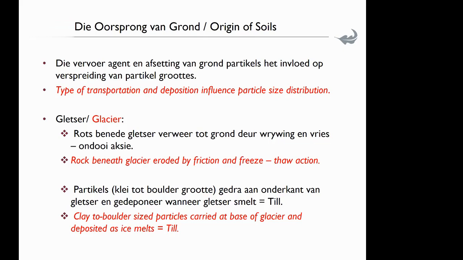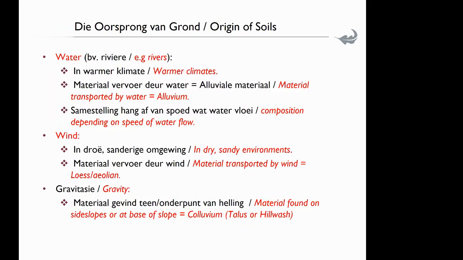So you get clay-sized to boulder-sized particles carried at the base of the glacier, and as the ice melts, that deposition is known as till. So the tillite is an example of that found in South Africa.